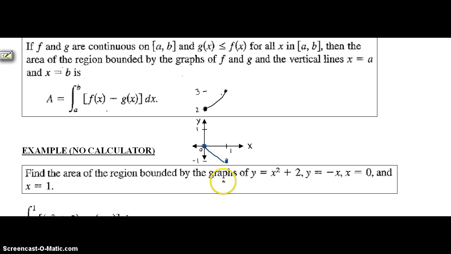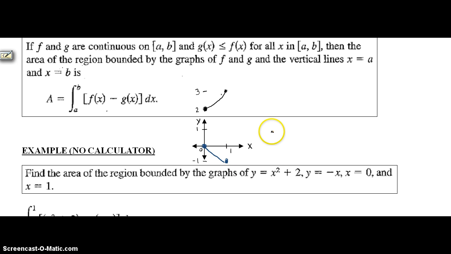And if I want the area of the region bounded by these graphs, then y equals x squared plus 2 is my upper function, and y equals -x is my lower function.